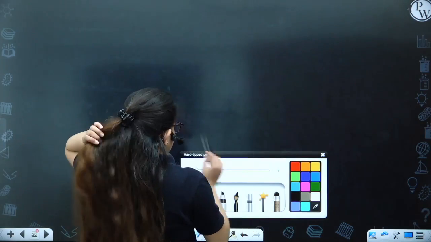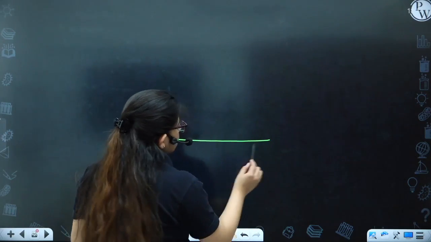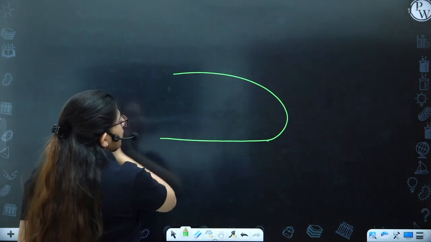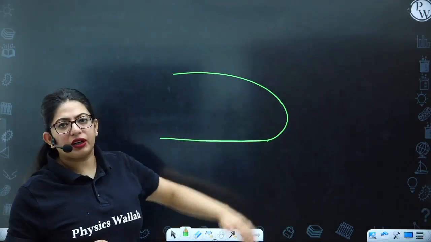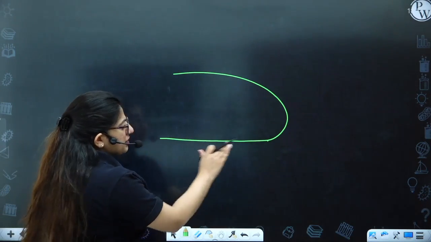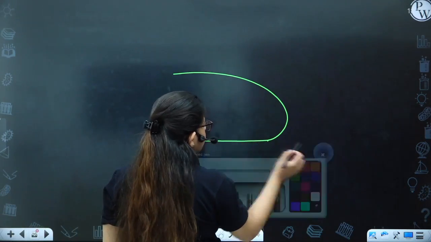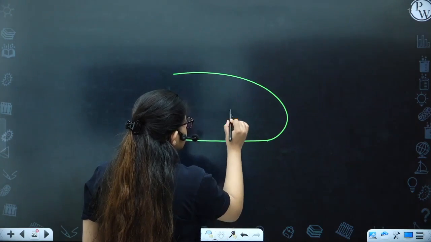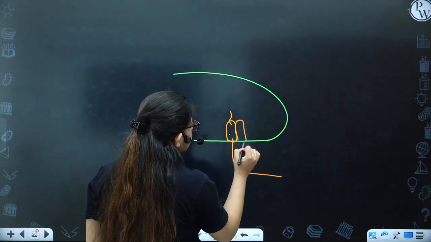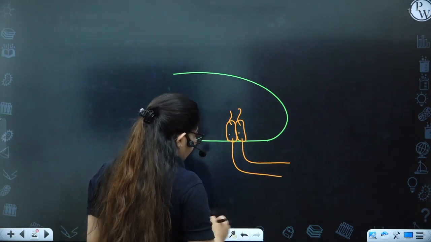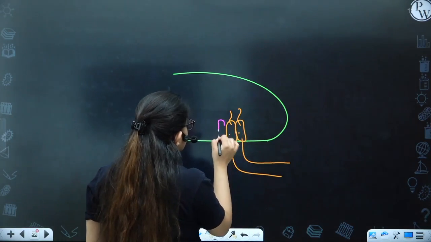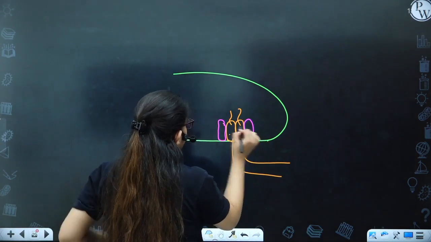In the basilar membrane, we have certain cells present here. And above the basilar membrane is present a membrane called the tectorial membrane. So if this is the basilar membrane, it will have cells which are known as hair cells. Along with hair cells are present certain supporting cells.